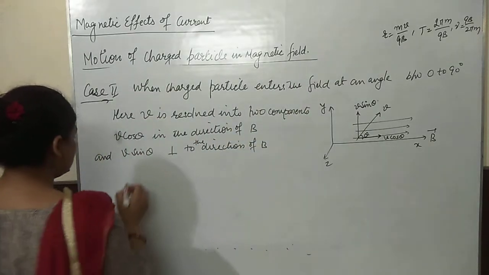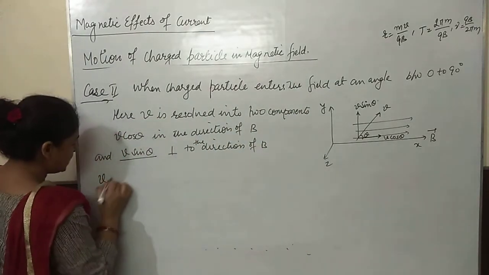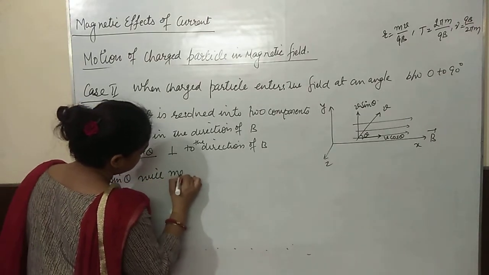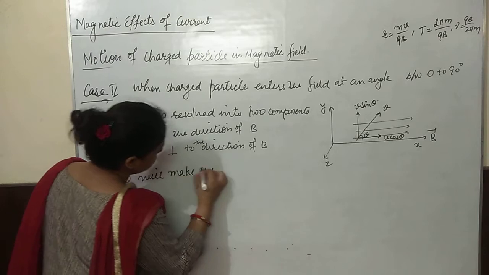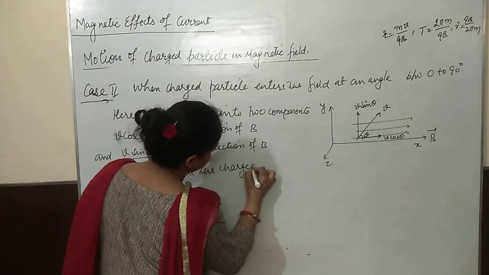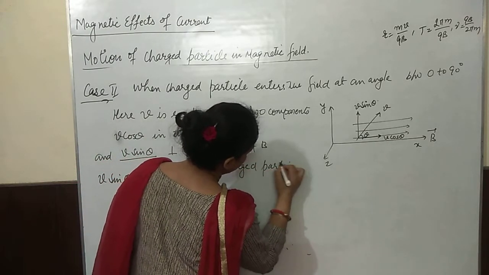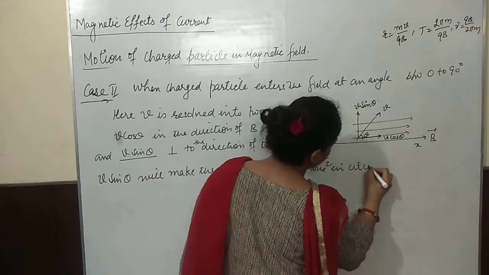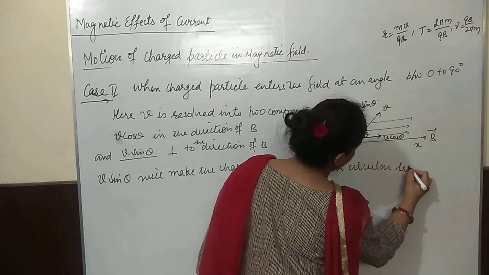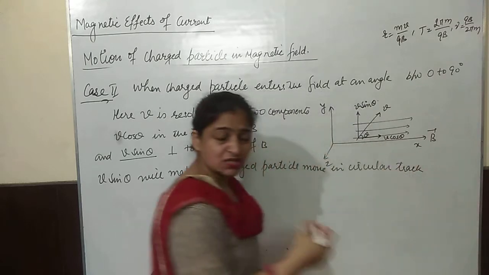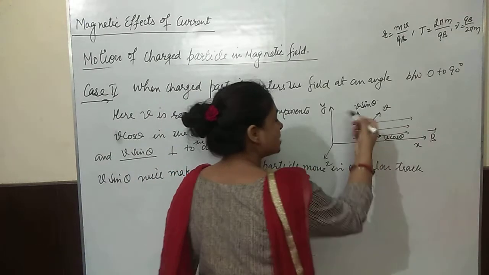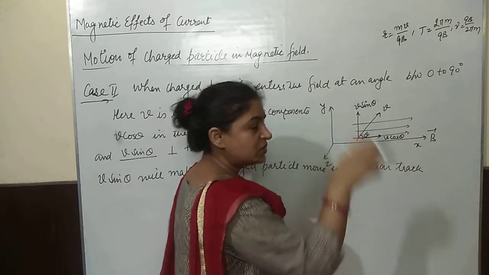So what we can write here: this velocity v sin theta will make the charged particle move in a circular track, because this is the velocity which is perpendicular to the magnetic field.